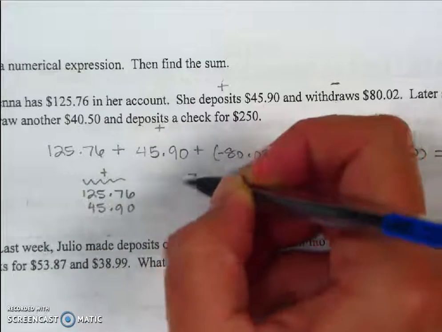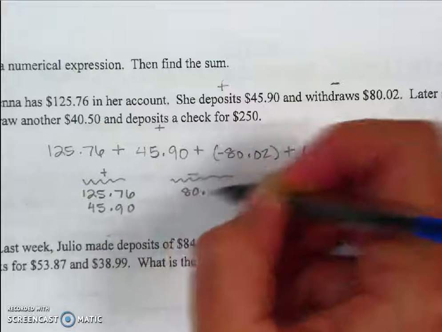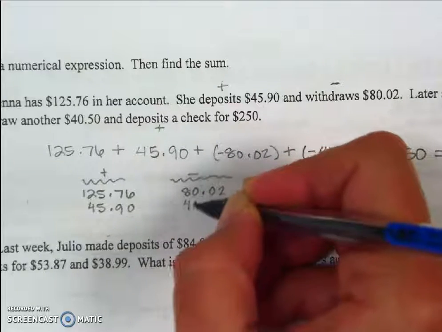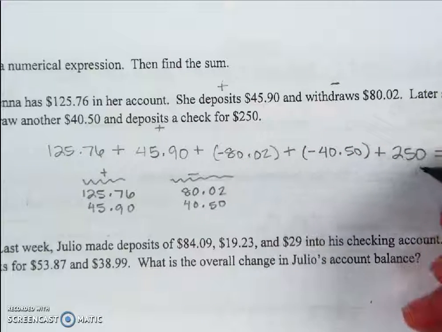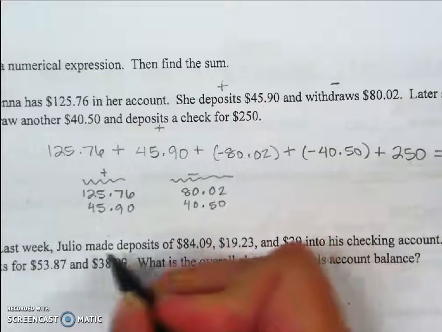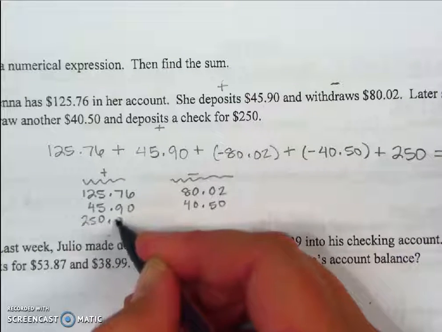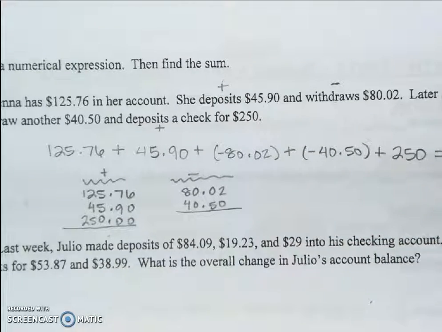This one's in the negative column, so let me write that negative column over here, $80.02. This is in the negative column, $40.50. And this last one's in the positive column, and so that's $250. So I'll write it 250.00.